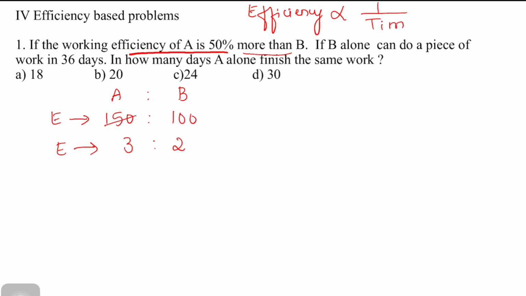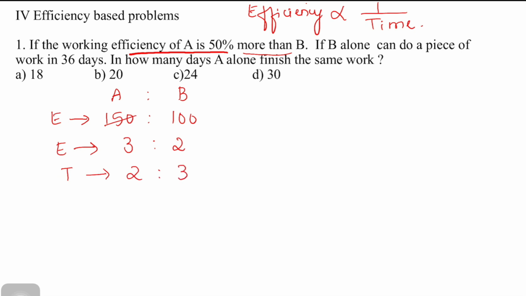This is very, very important. If efficiency is more, then the time taken is less. If time taken is more, that means efficiency is less. So if this is the efficiency ratio, then the time ratio will be just the inverse of this, that is 2:3.